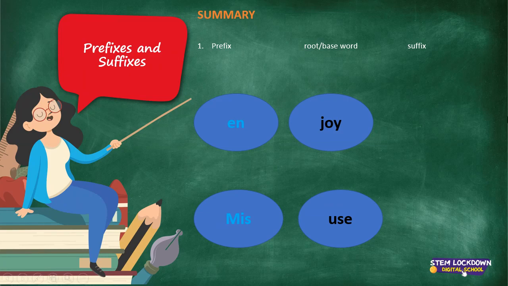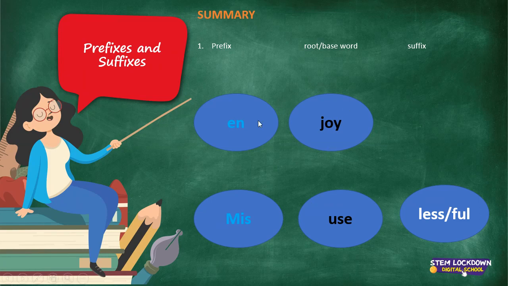Okay, so now let's try and add a suffix, okay? So if you were given the word use and you were asked to provide a suffix, you would add less or full, and you would have useless or useful. Okay, useless or useful.